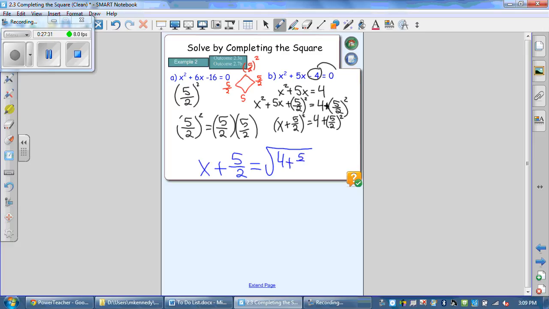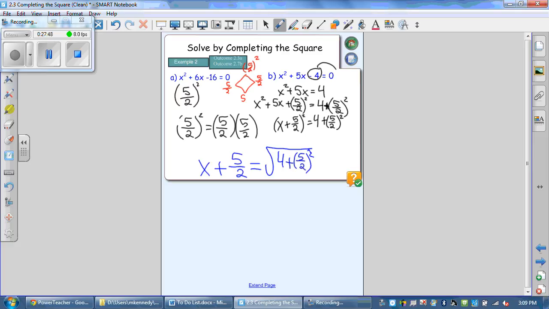I just square rooted everything. The squares and the square root don't cancel out. Remember, it's a binomial, like the question we went over on the test. That square root applies to both the 4 plus the 5 over 2 squared.